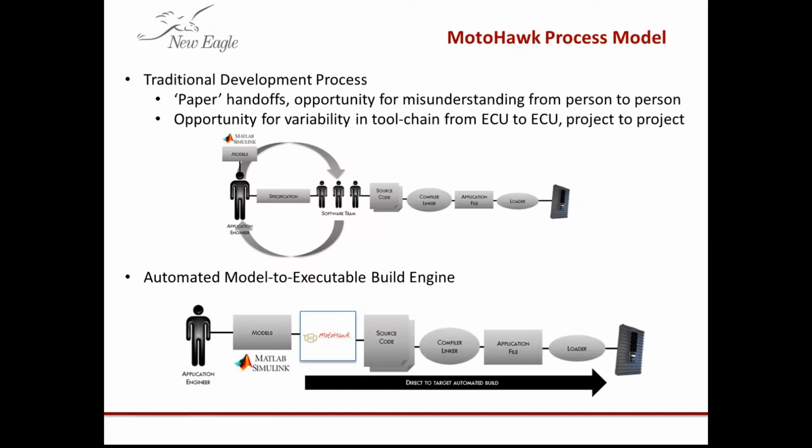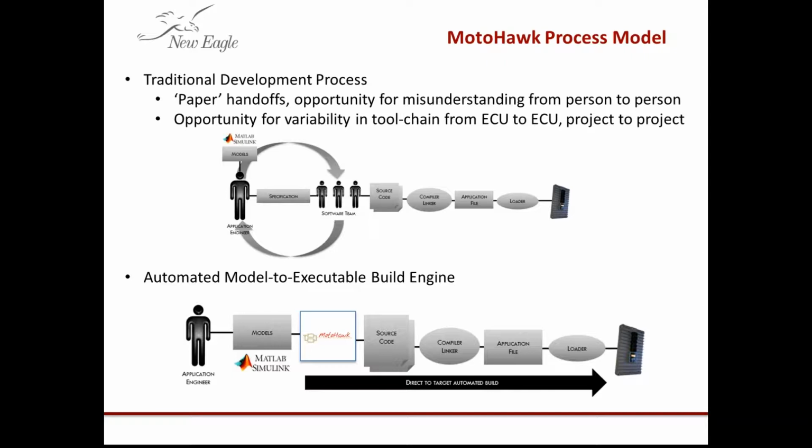To get a little bit more specific about how this works, we'll look at the traditional development process where you have quote-unquote paper handoffs. So in this instance, you have an application engineer like myself who is working on the design of the system, developing models, doing simulations, and designing a control solution for your system. Then he writes up, based on his models and simulation, a specification document of some kind.